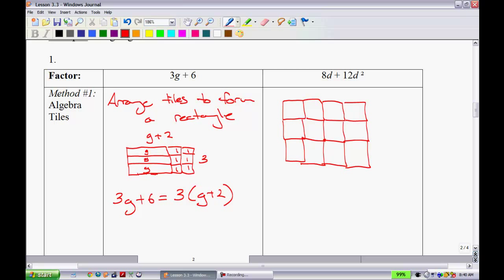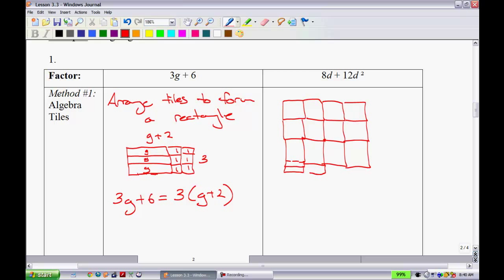All right, now you notice why I put them in this order is because I'm trying to think, is there a number that goes into 8 and 12, and I'm noticing that it could be 4, so this may help me right here. So imagine if I have 8 of these d's, I could put 2 d's here, 2 d's here, 2 d's, but then I have 2 more d's to distribute. I can't distribute them evenly to make a rectangle. But if I do it on this side, you can see I can just put, oops, make these a little skinnier.